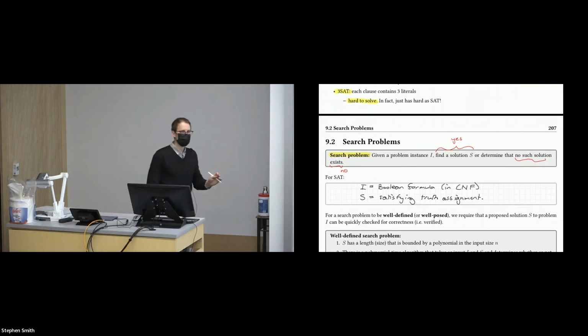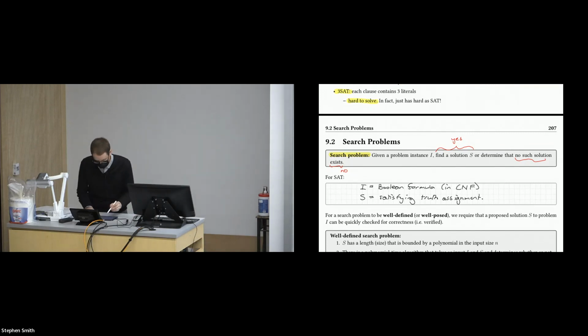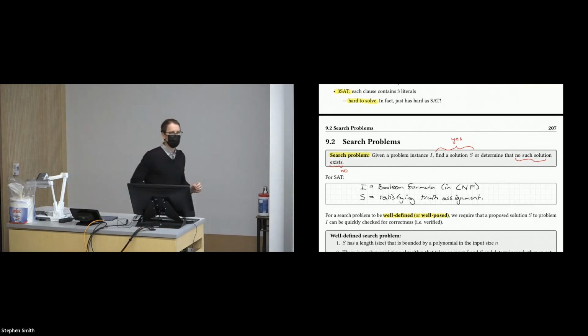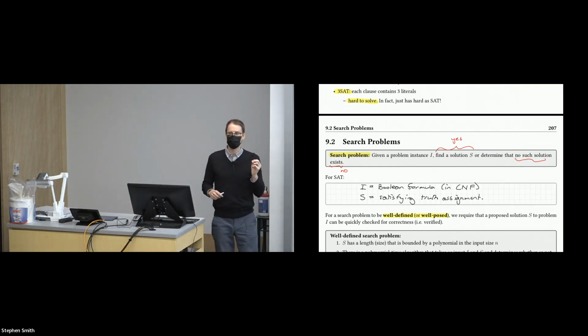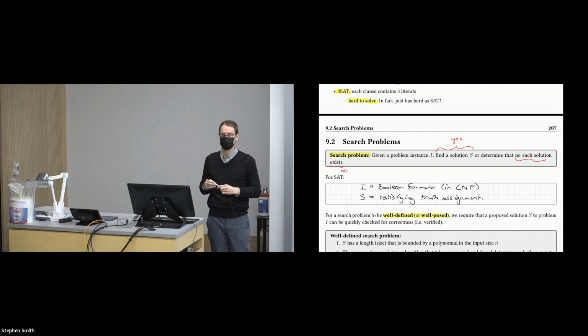Now, we want to restrict the class of search problems we're considering a little bit to be what we call well-defined or well-posed search problems. And those are the ones where, it's kind of a sanity check or something, but not all problems satisfy this. It's where if you claim you have a solution, I can verify that it is a solution.